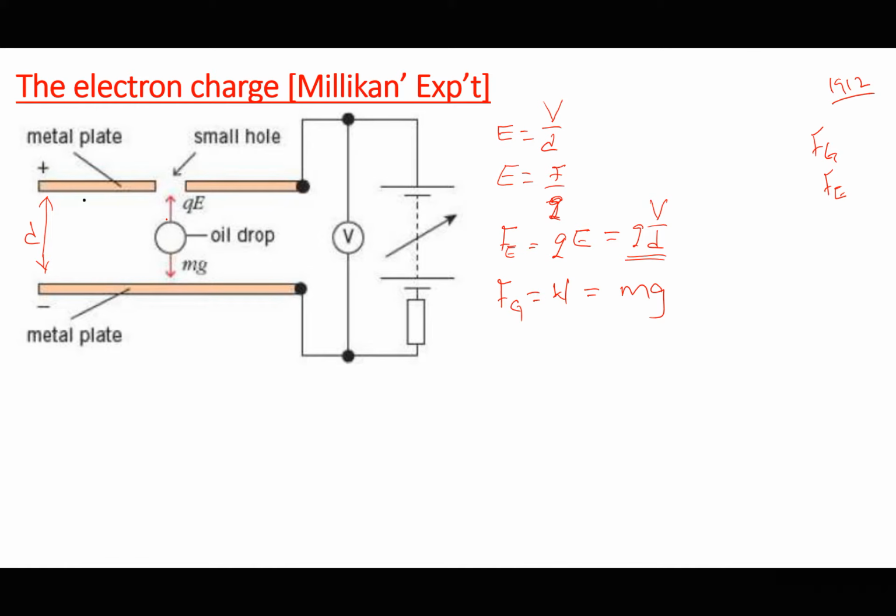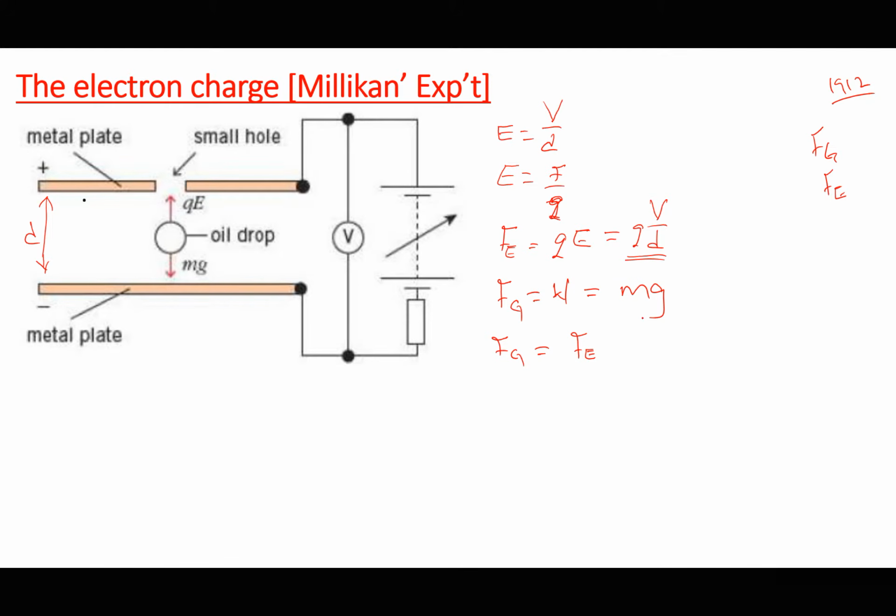Then, if an observer concentrates on just one droplet and adjusts the electric field until the weight of the oil droplet itself is balanced by the electric force, or the force due to the electric field, in the opposite direction, then it would imply that at that point, when the oil drop just remains stationary between the plates, the force due to the gravitational field, or due to the weight, is balancing with the force due to the electric field.